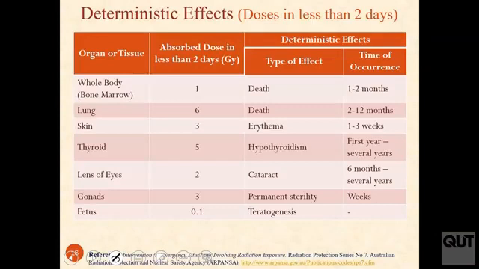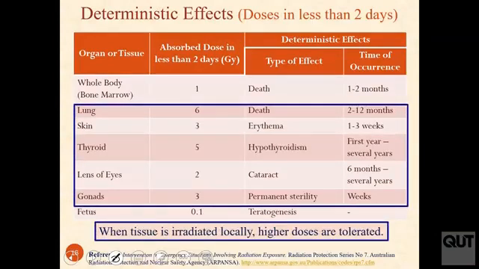Let's have a little look at some deterministic effects at doses delivered in less than 2 days. If you irradiate the whole body and give it 1 gray in less than 2 days, one deterministic effect could be death, due to loss of the bone marrow, and the time of occurrence could be 1 to 2 months afterwards.